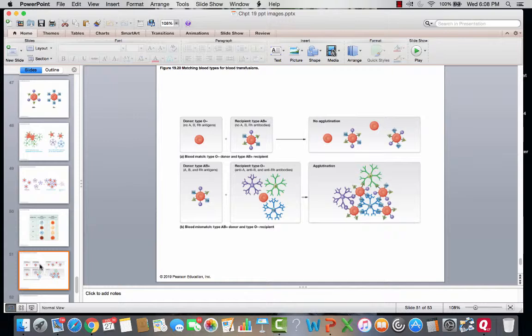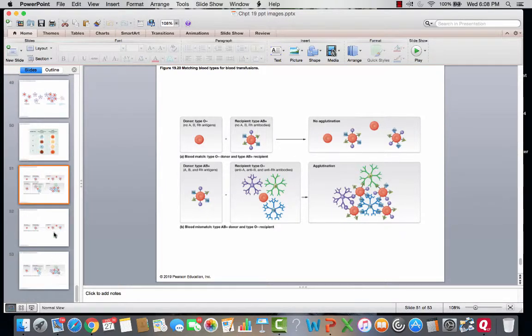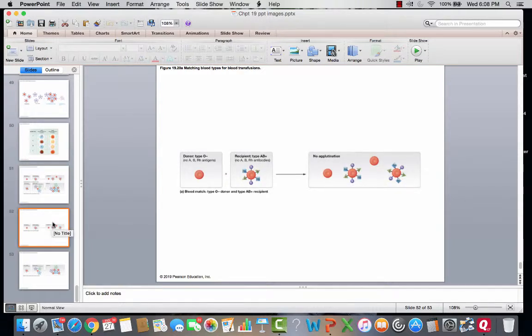So if you're O negative or A negative or B negative, you won't produce anti-Rh antibodies. The only time you're going to produce anti-Rh antibodies is when I expose my body to an Rh antigen, just like a virus almost.